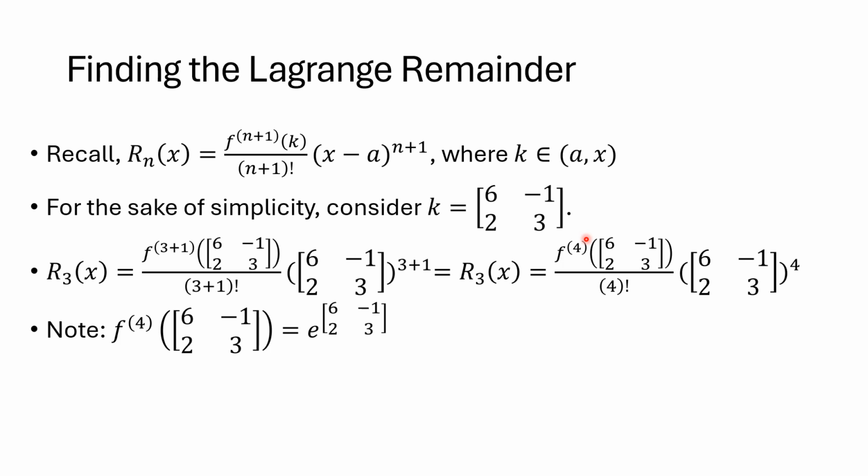The fourth derivative of e to the power of x is just e to the power of x. Given that, we're just dealing with e to the power of A again. To find the remainder right here, we need to evaluate an actual value, not an approximation, but an actual value for e to the power of this matrix, right?